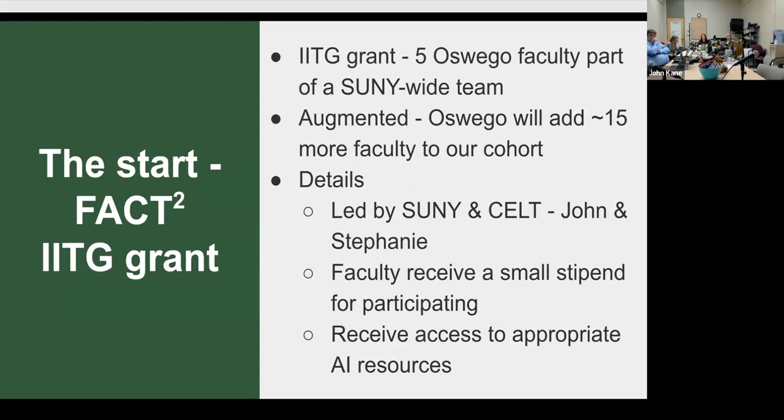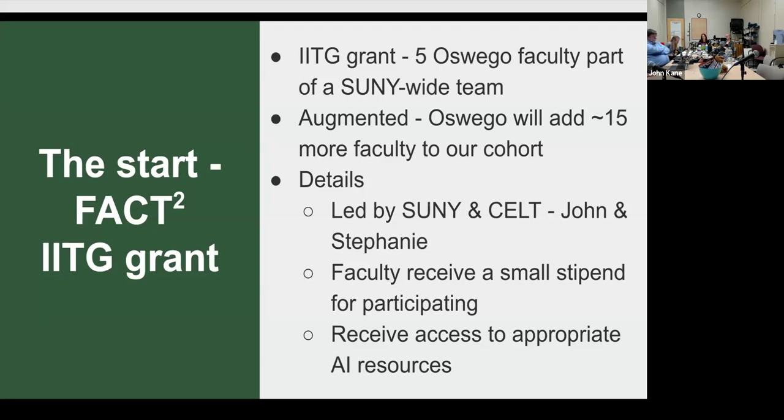But we want to augment that and add about 15 more faculty to our cohort and really offer opportunity for probably about 20 people to work together and in essence be at the leading edge of implementing AI in their fields, because AI is going to mean something different almost in every single field that you look at. So there'll be a SUNY component to it, and when I say SUNY, it's really fact two, I think. It was an IITG grant that we were part of.